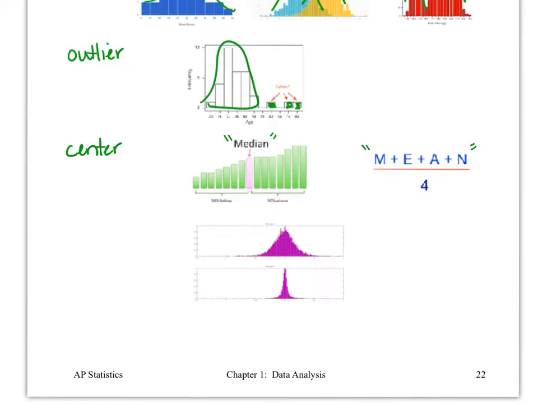What we're going to do is we're going to find the middle by figuring out how many pieces of data we have and going to that middle value directly. And that will give us our median. In terms of our mean, we add up all the different values and then divide by the number of numbers that we're adding. And that gives us the mean. We sometimes call that the average, but we're not going to anymore. We're going to call it the mean. We're going to be a little bit more precise.